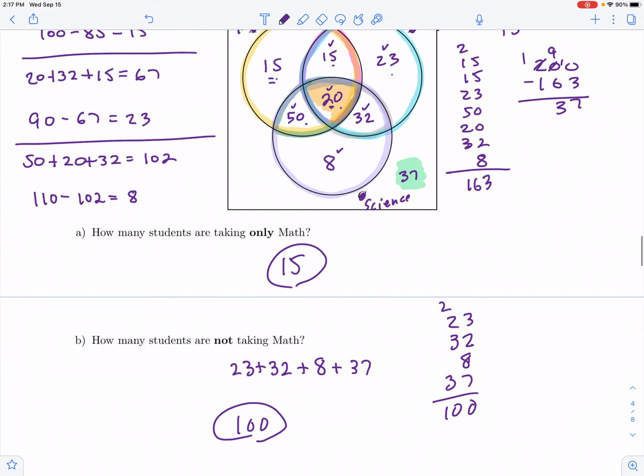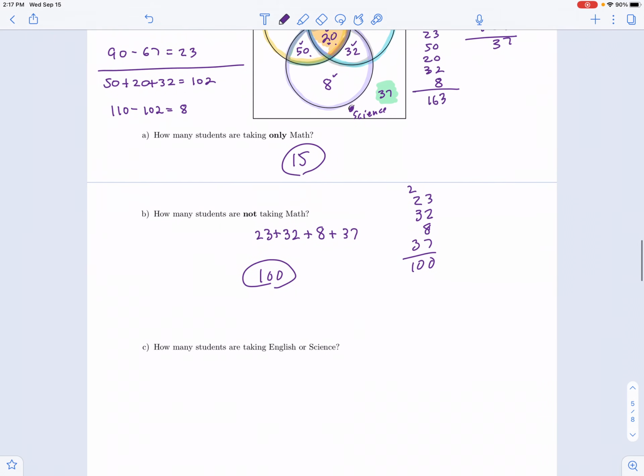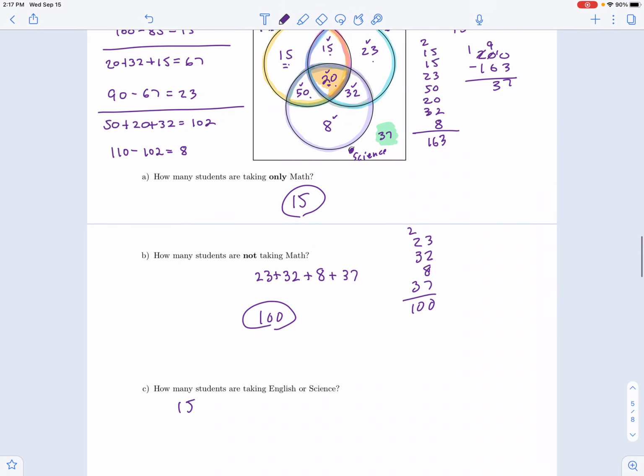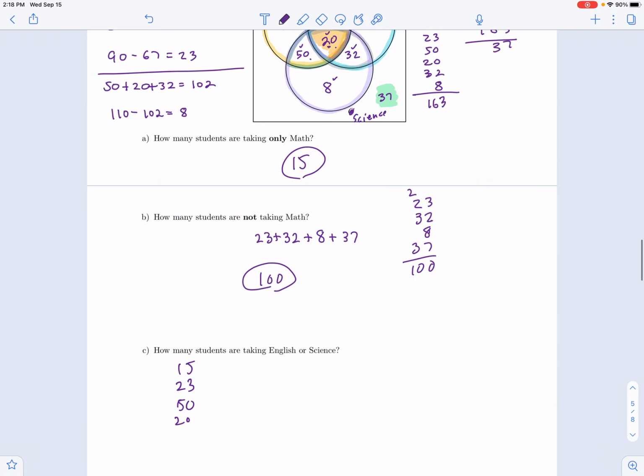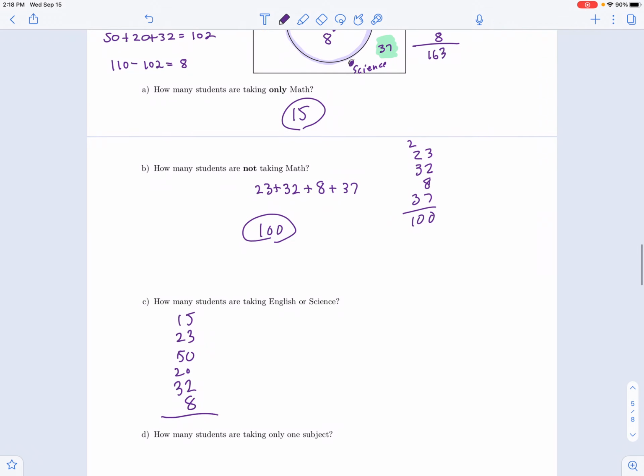So again, 15, 23, 50, 20, 32, and 8. If we add these up, we get 10, 18, 5, 10, 12, 13, 14. So it looks like we have 148 students who are taking English or science in this case.